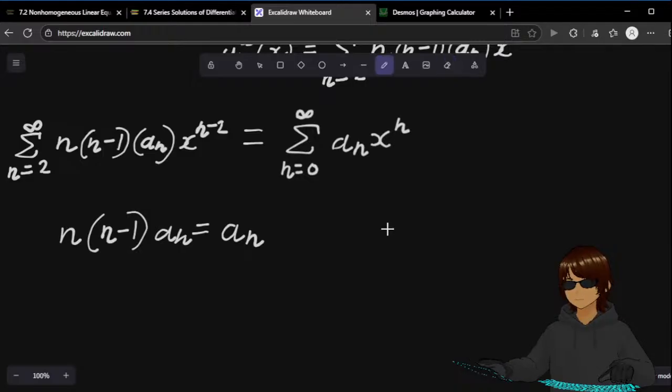Wait. So if I plug in n equal to 2 over here, I get x to the power of 0. If I plug in n equal to 0 over here, a_0, I get x to the power of 0. So the matching terms will be like this, right?